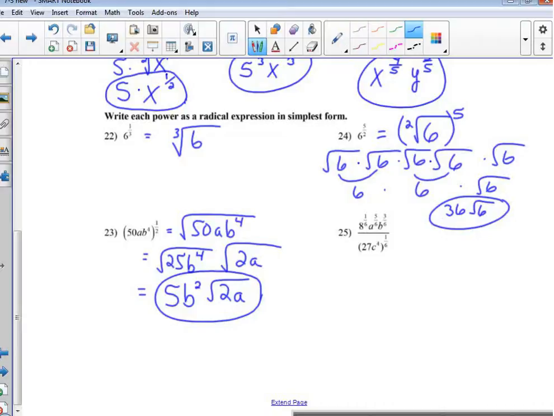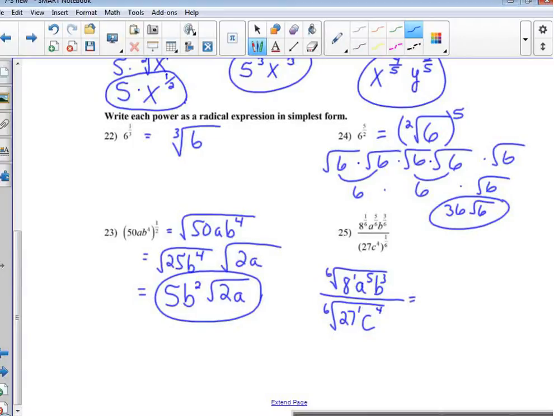And on 25, so this is all to the 6th. So for the top, it's a sixth root, 8 to the first, a to the fifth, b to the third, and in the denominator it's also a sixth root because it's in parentheses, 27 to the first, and c to the fourth.